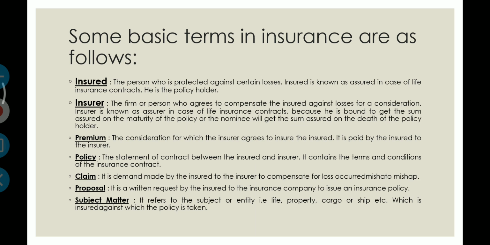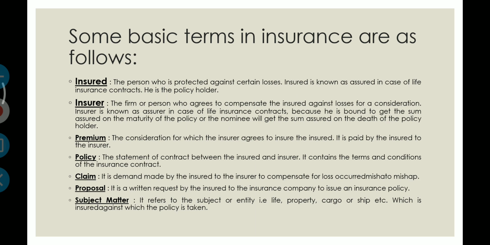Because if I am taking life insurance policy of my life and I die, the company is assuring me that your family will be looked after. They will be receiving your money, and they will be assured that your life can be started again without me. I am not going to be compensated, my family is going to be compensated. That is why insured is called as assured in case of life insurance.